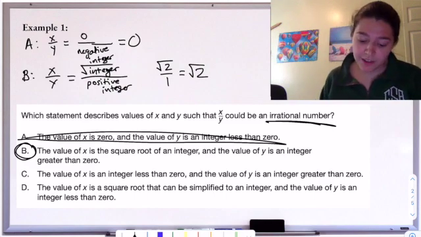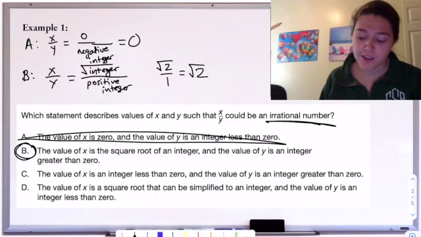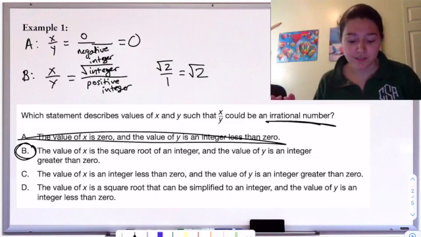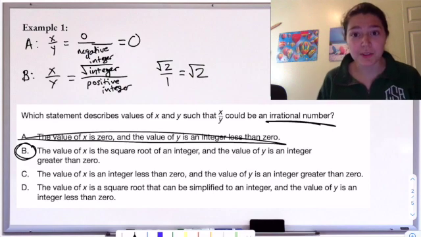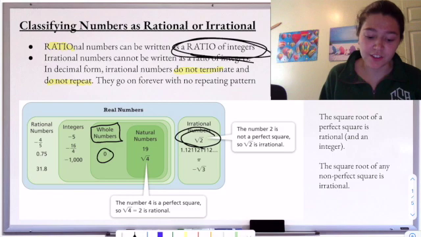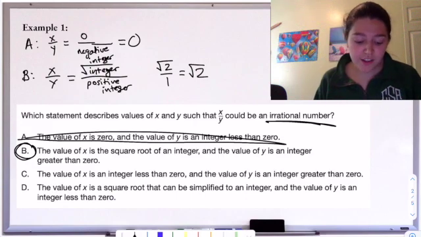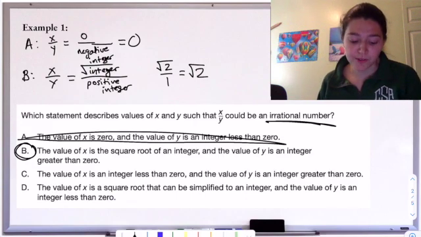In C, we have x is an integer less than 0, and then y is an integer greater than 0. So you just have a negative integer divided by a positive integer. Ultimately, that's going to be a ratio or a fraction of integers. Thus, it'll be rational no matter what, because that's the definition of a rational number. And for the last one, we also have the square root.